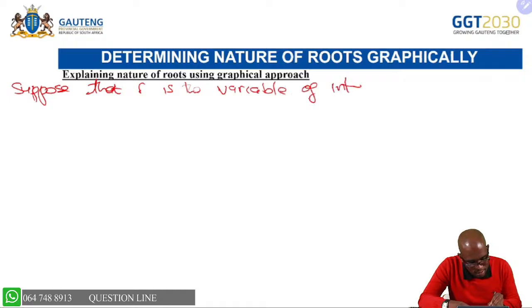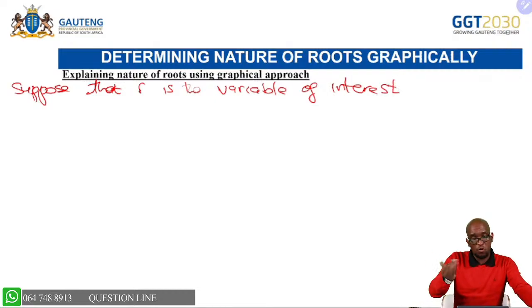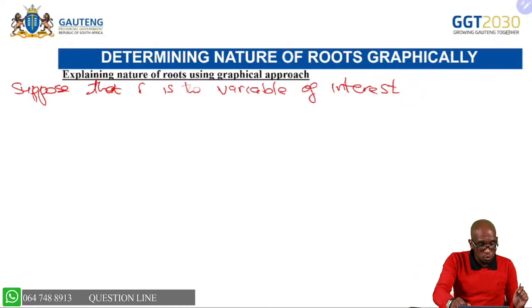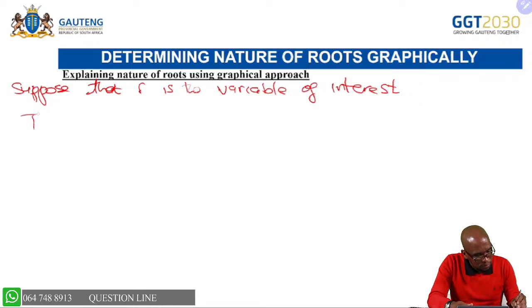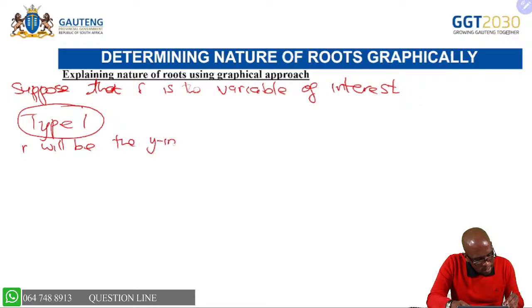If we are interested in the values of R for which the roots would exhibit a specific behavior, there are two types of questions that exist. Type 1, R will be the y-intercept.